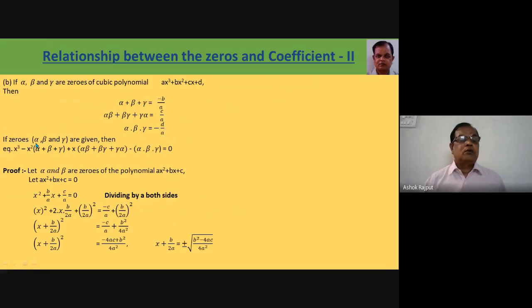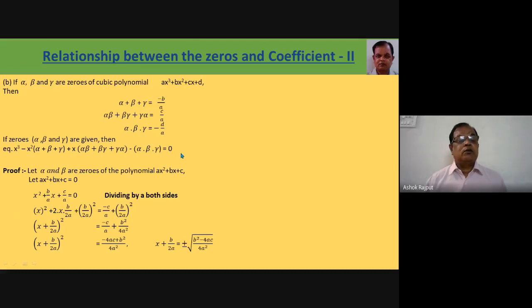If zeros alpha, beta, gamma are given, then we can find the cubic polynomial as x cube minus x square into the sum of zeros, plus x into alpha into beta plus beta into gamma plus gamma into alpha, minus, in the bracket, the product of all zeros, alpha into beta into gamma.